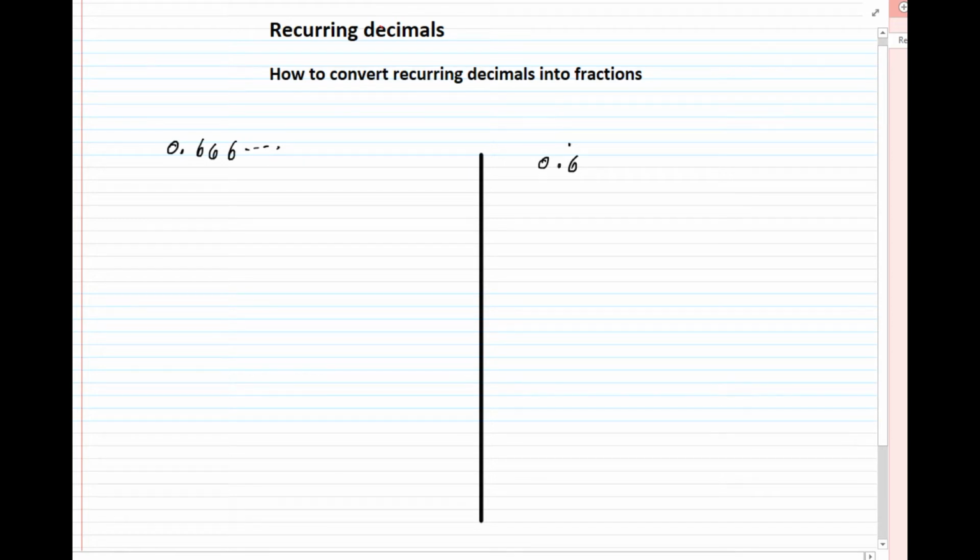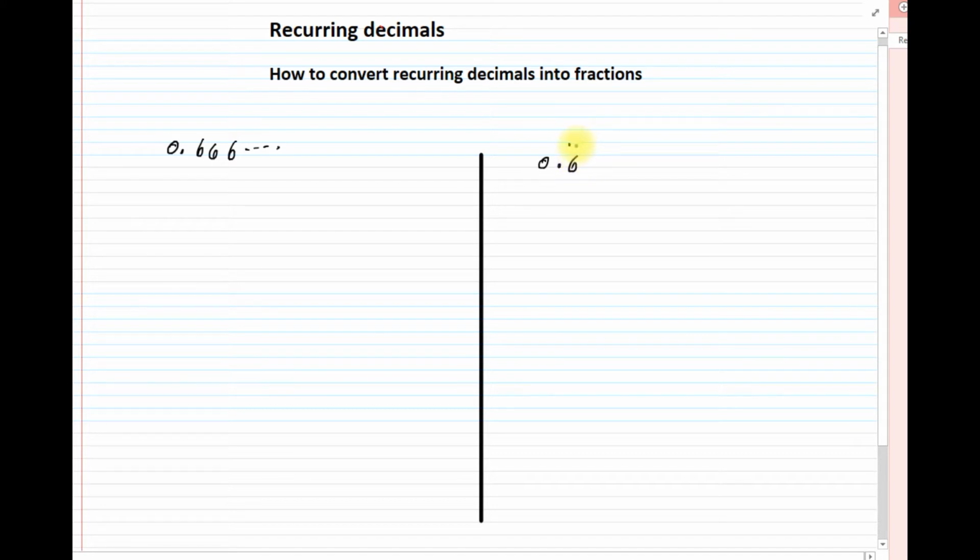Hi, in this video we're going to be looking at how we're going to write recurring decimals as a fraction. Now this is an example of a recurring decimal, 0.66666, and that goes on forever. And the shorthand version of writing this is 0.6 with a little dot on top.